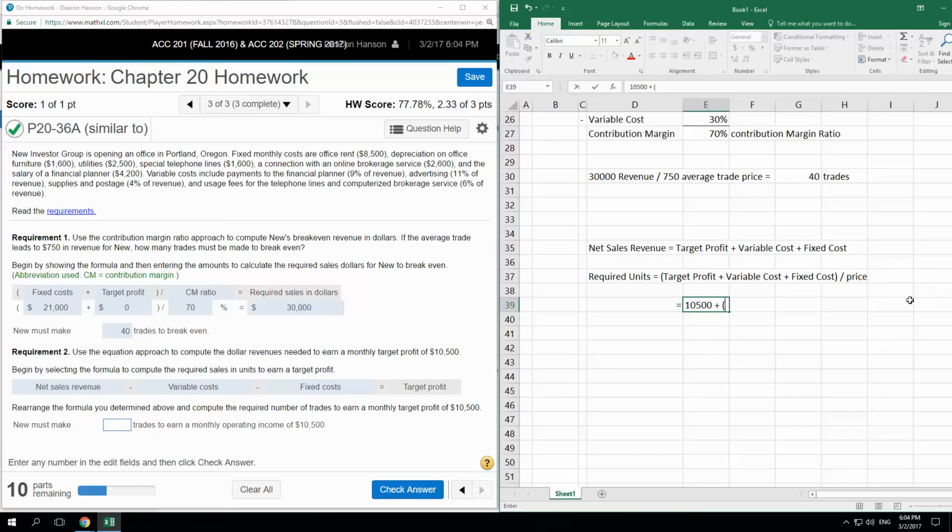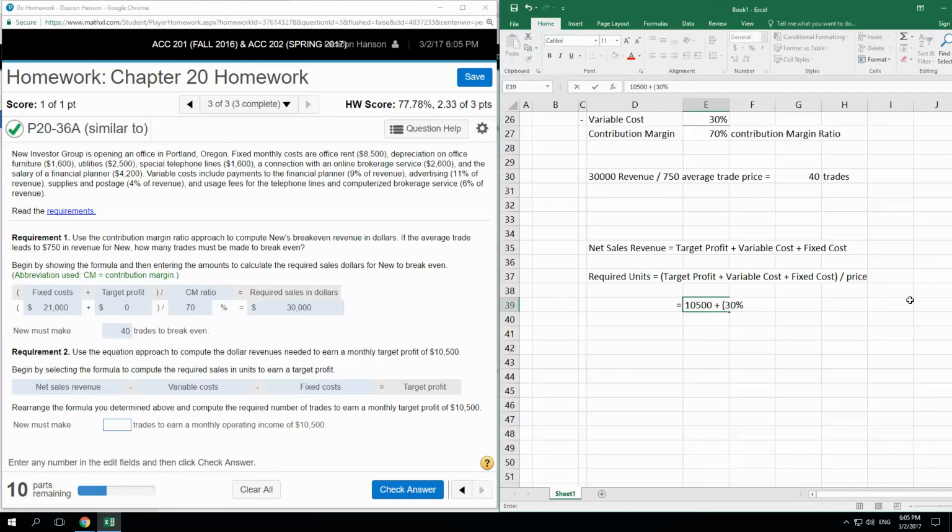Let me regain our bearings. We say variable cost. We need to know the number of units. Variable costs include payments. It's going to be in percentage terms: variable cost is 30% of any revenue that you generate.